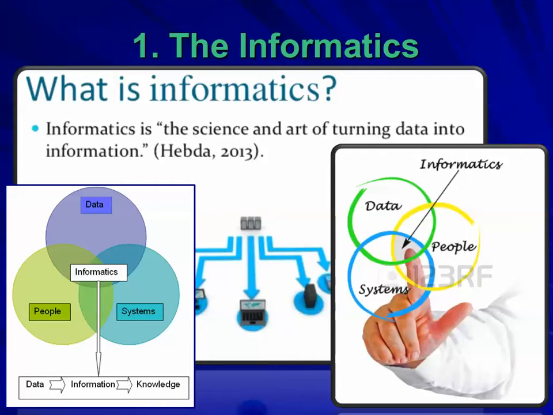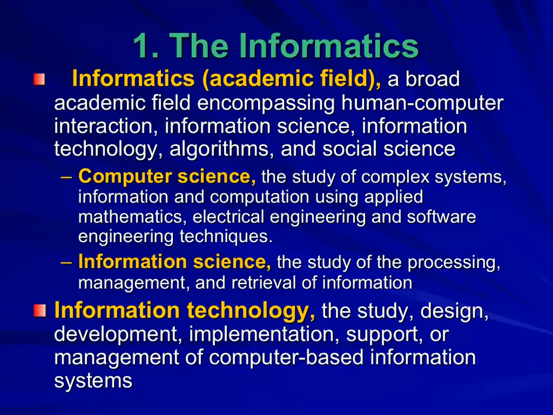It becomes more and more critical to retrieve something significant from this huge heap of numbers, letters, words, etc. So, informatics as an academic field, we can identify with a more complex definition in relationship to other scientific areas. We can see it as a broad academic field comprising human-computer interaction, information science, information technology, algorithms, and social science. We need to join all this together to succeed in informatics achievement.